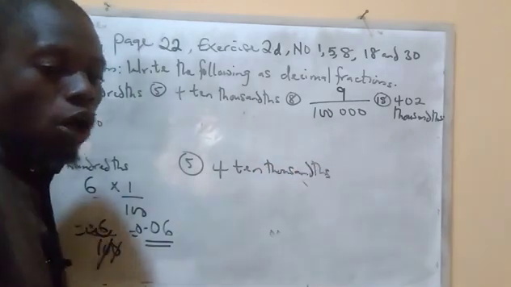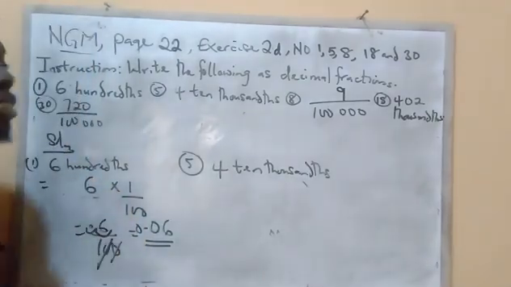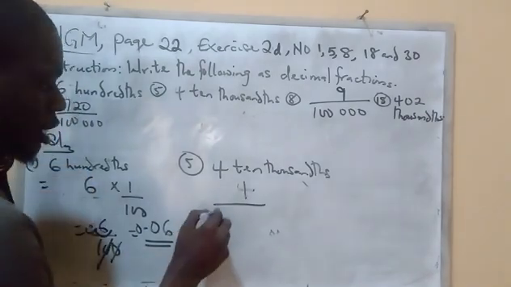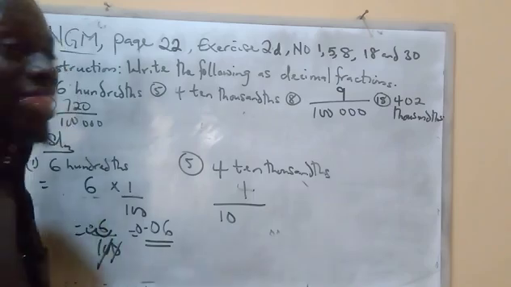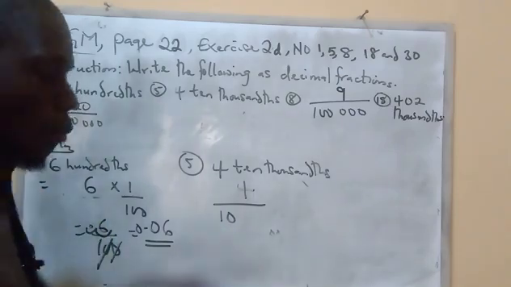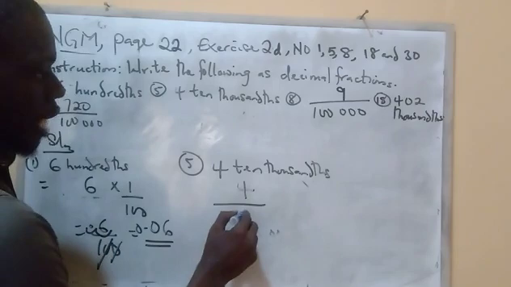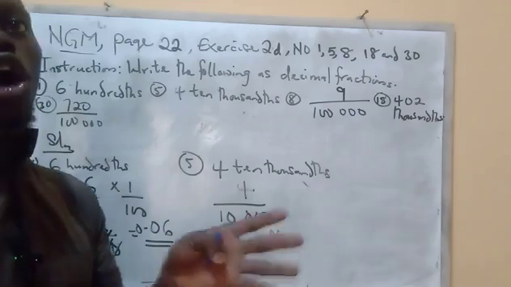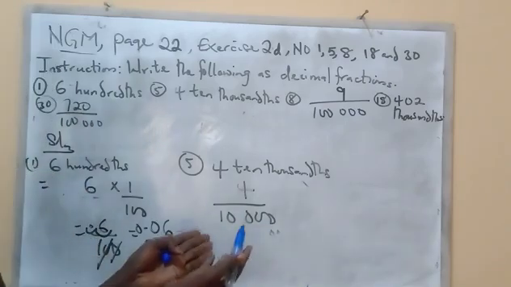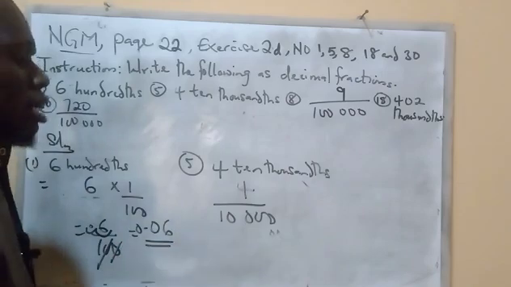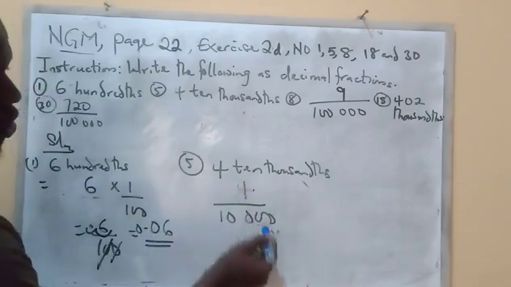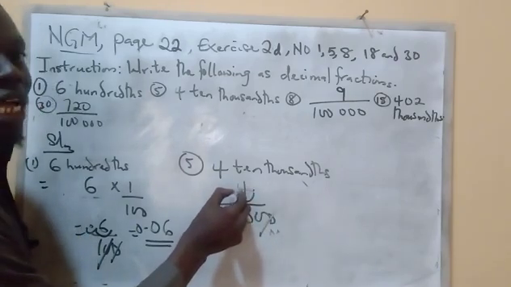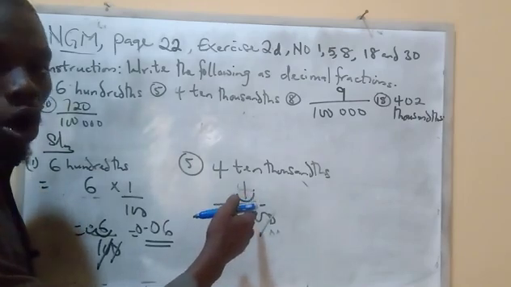The same way we have explained, 4 thousandths is 4 all over 10,000, the inverse of 10,000, which can be said as 4 times 1 all over 10,000. So how do we now take it to decimal? As we have done here, as we cancel 1 zero, we move the point that is said to be in front of the 4.